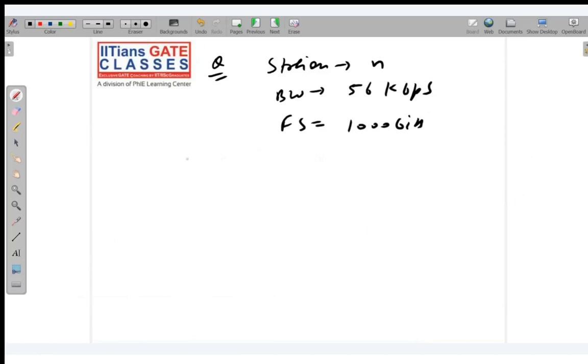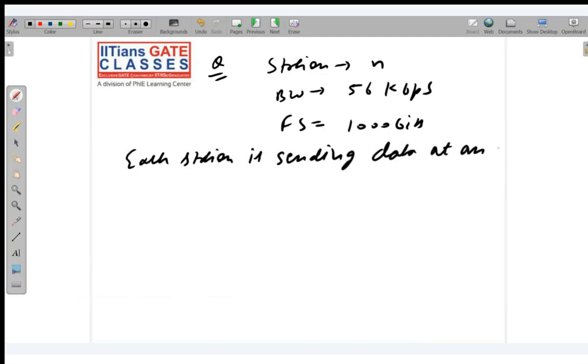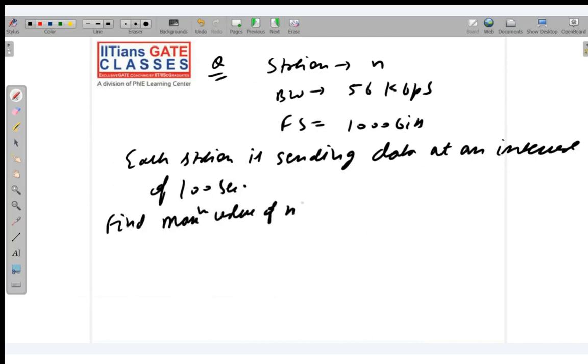Each station is sending data at an average interval of 100 seconds, and they are asking us to find the maximum value of n.